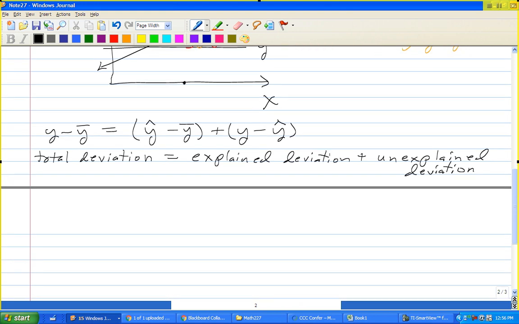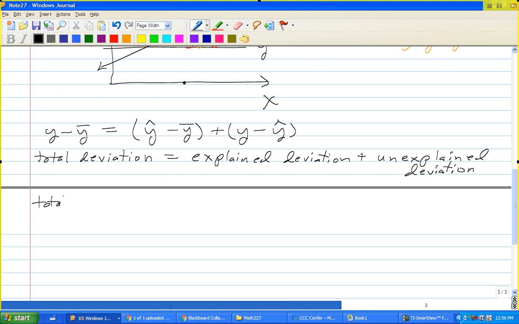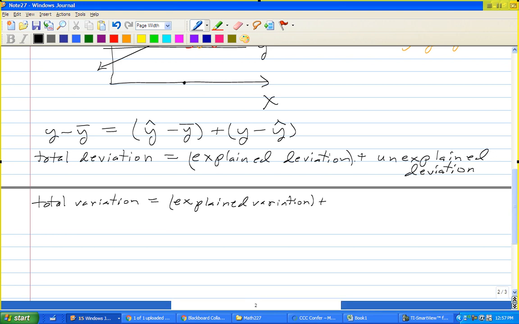Okay, so the total variation will just equal the explained variation plus the unexplained variation.